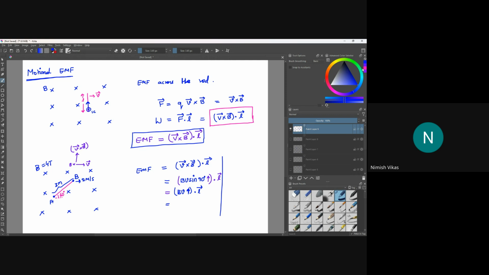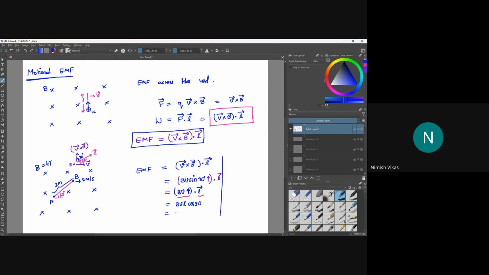Upward direction, and if you look at the rod, it is like this, an angle 60 degree. So the angle between BV upwards and L bar, you can see from the diagram, is 30 degree. So finally what you get is BV into L into cos 30.